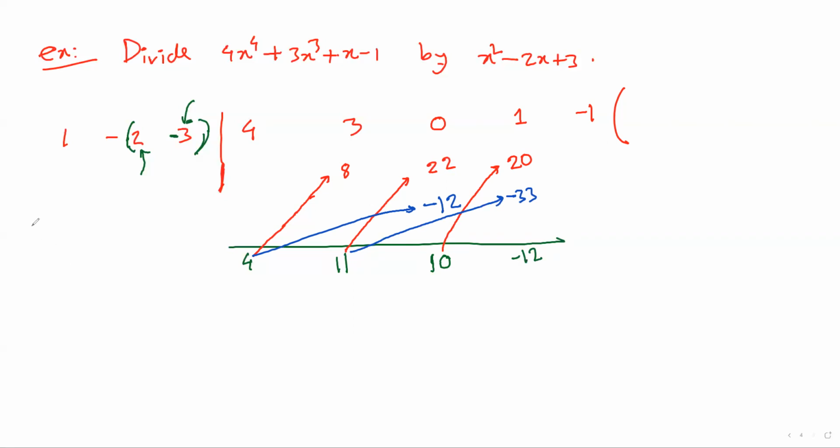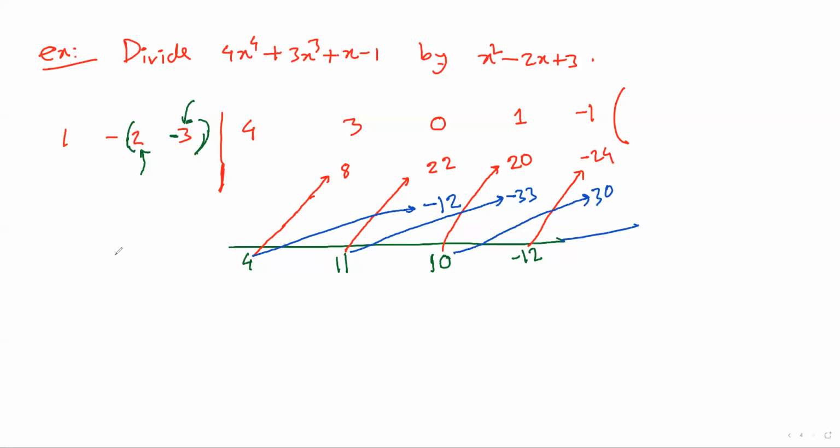Okay, just one more place to go. So multiply this -12 by 2 to get -12 into 2 is -24. And multiply 10 by 3 to get 30, so that the sum of the column is, okay, here is the thing.